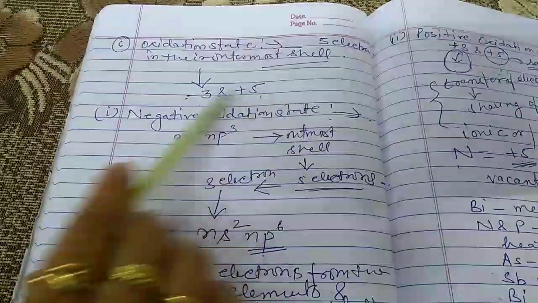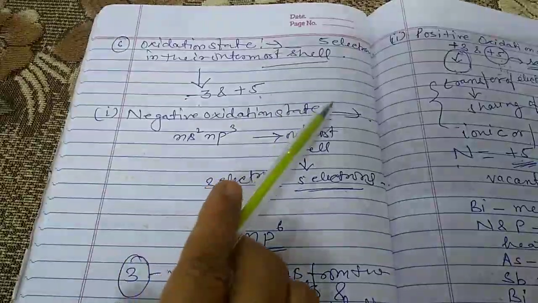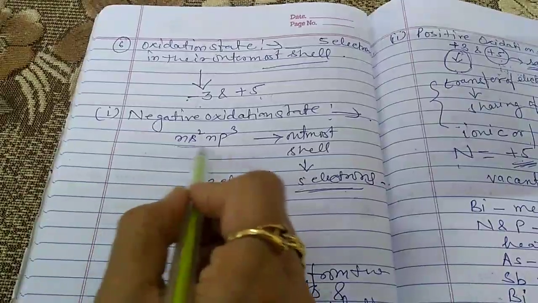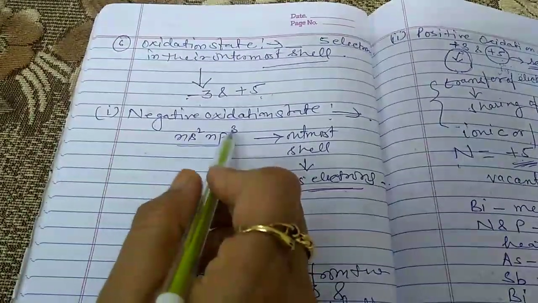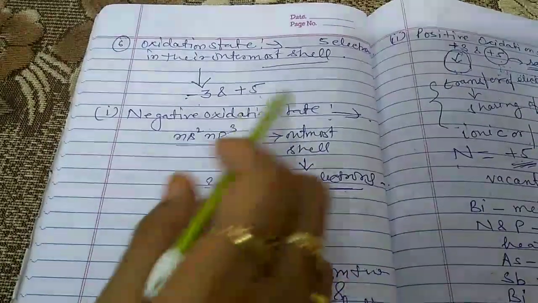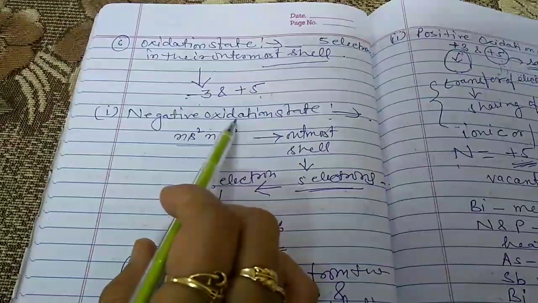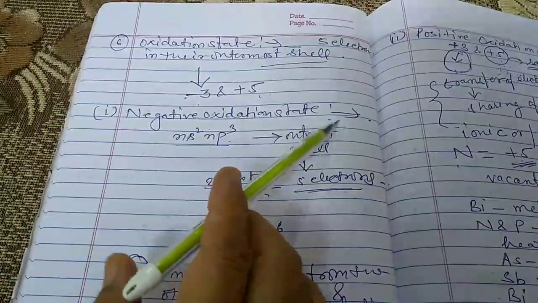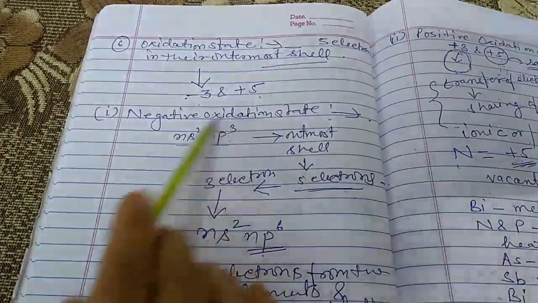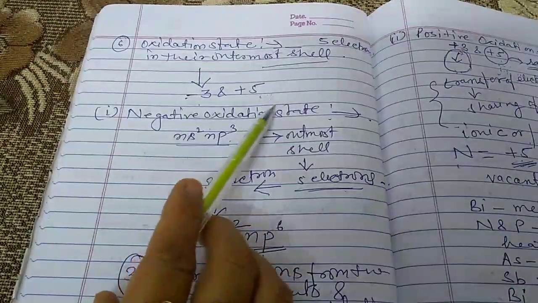First of all, let us discuss the negative oxidation state. These elements have 5 electrons in the valence shell, present as ns2 np3, that is 3 plus 2 equals 5. Therefore they require 3 more electrons to acquire the noble gas configuration of ns2 np6, but the gain of 3 electrons is not energetically favorable, because it requires a very large amount of energy.